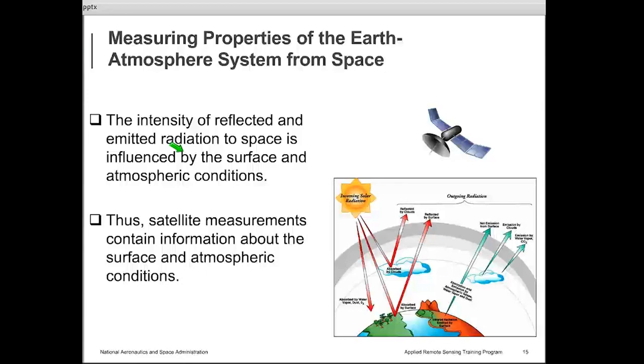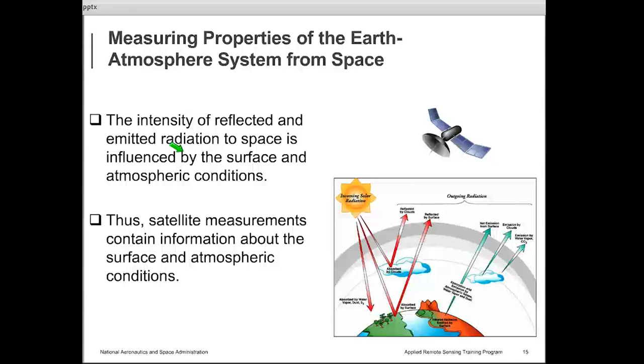The intensity of reflected and emitted radiation to space is influenced by the surface. It can be influenced by the ocean. If there is snow or ice on the surface, that can influence it. Very bright areas such as desert can influence it. Forest or vegetation can influence it in a different way.